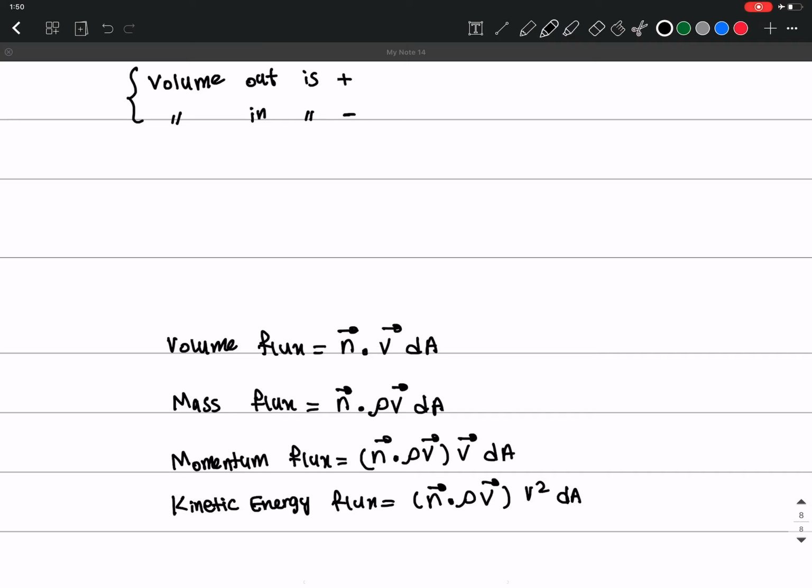Yeah, I think it should be over 2. And so these are all the flux definitions that we can define.